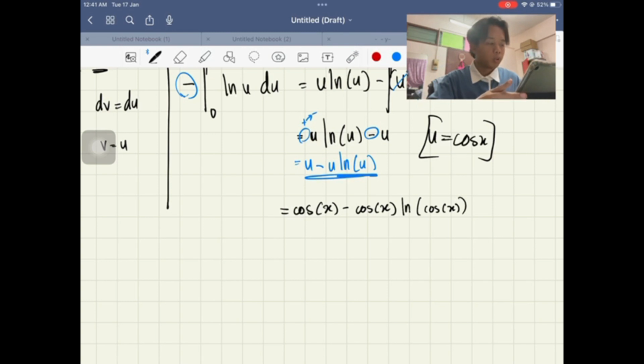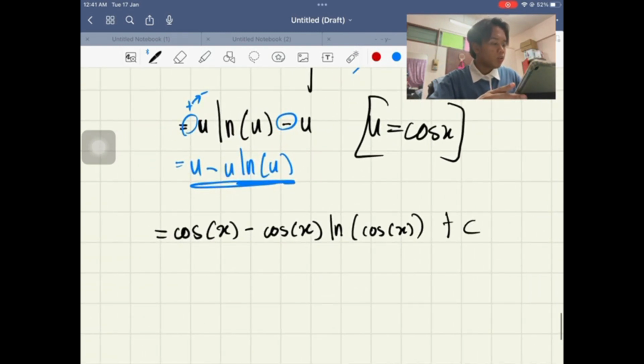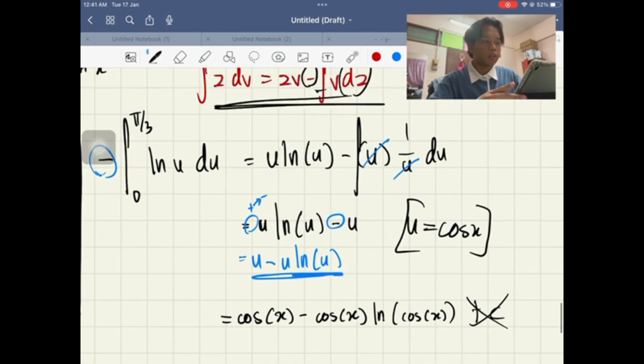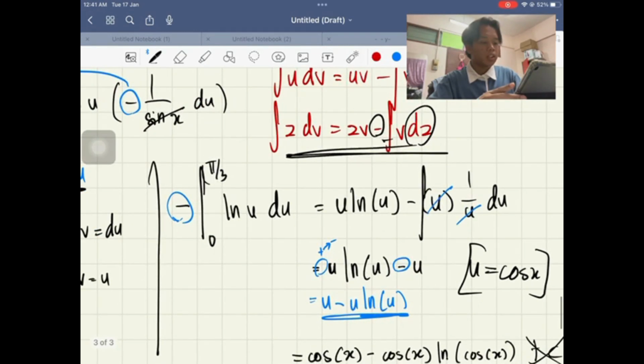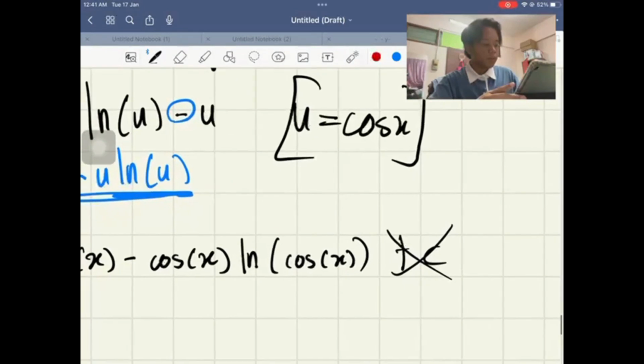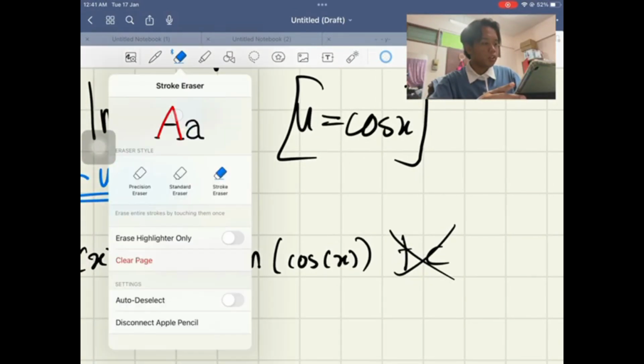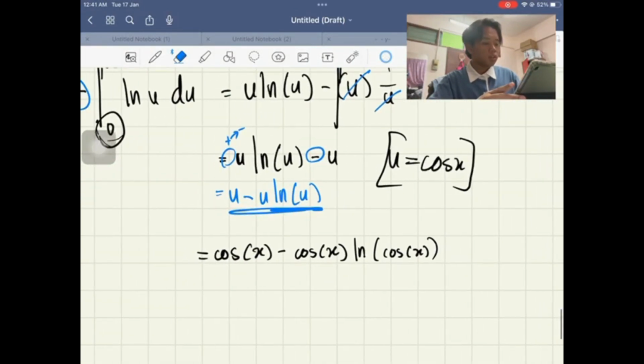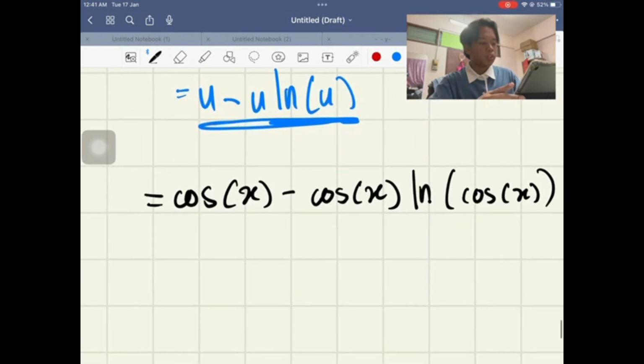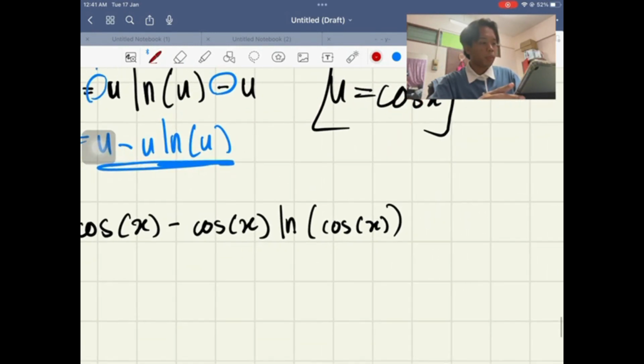We do not add plus c because we have this limit. Then we continue with the limit.